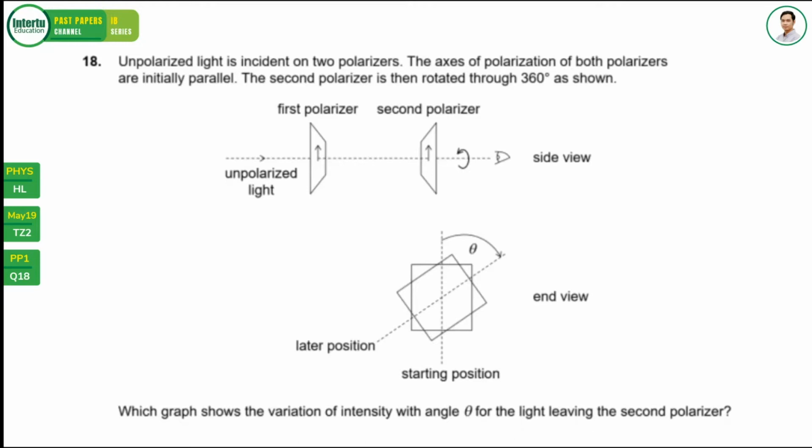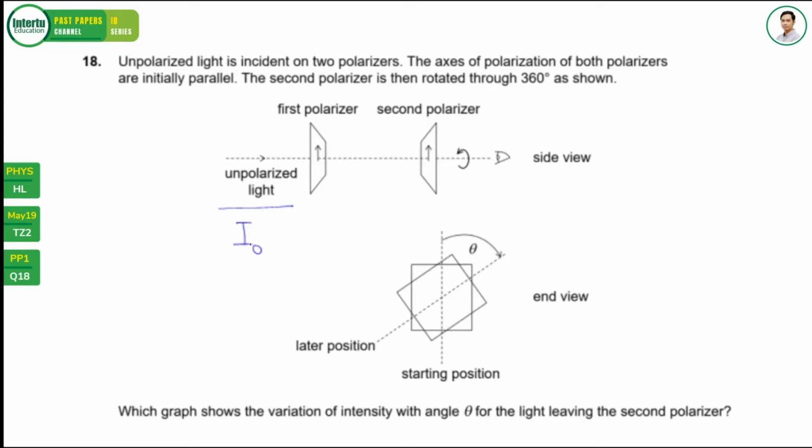Okay, to answer this question, we need to read it very carefully and note the important information. The incident light is unpolarized light. So after passing through the first polarizer, its intensity will always decrease by half. So let's assume that I0 is the initial intensity of the incident light.